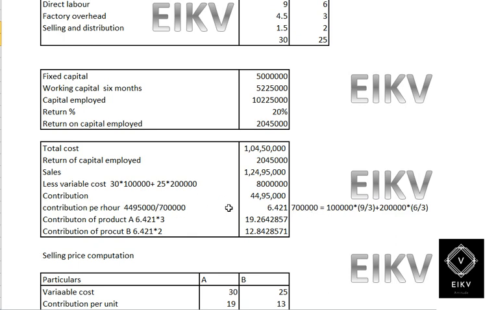Therefore the contribution per labor hour will be 44 lakh 95,000 divided by 7 lakh, which will give you 6.421, and the contribution per product is in the proportion of 3:2. Therefore 6.421 into 3 will be the contribution per unit of product A, which is 19.26, and the contribution per unit of product B will be 6.42 multiplied by 2, which gives you 12.84.